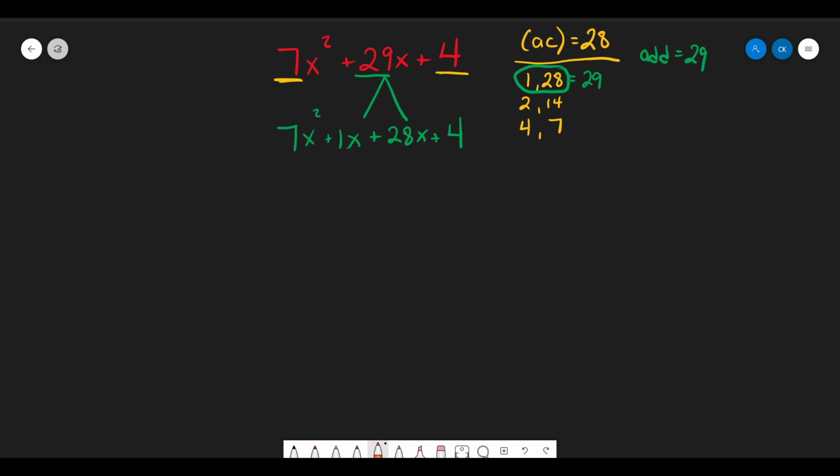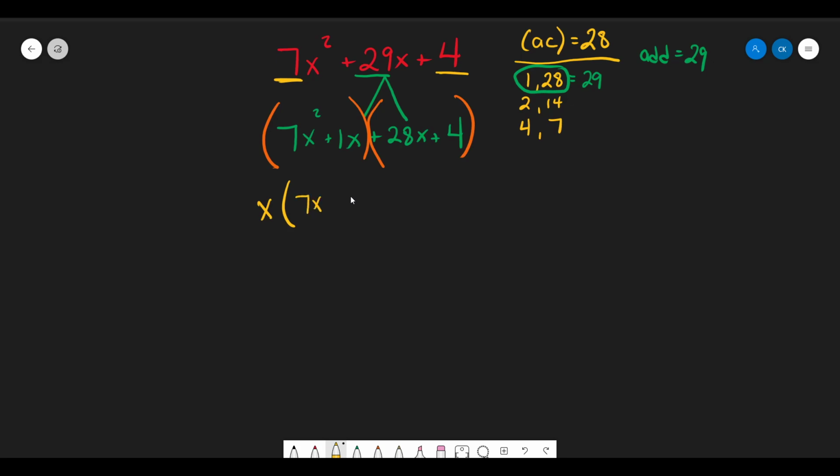Now with my 4-termed polynomial, I'm going to factor by grouping. Group the first two terms together, group the second two terms together. What is the GCF of 7x squared and 1x? That's just x. So when I take the 7x squared and divide it by x, I'm going to get 7x.